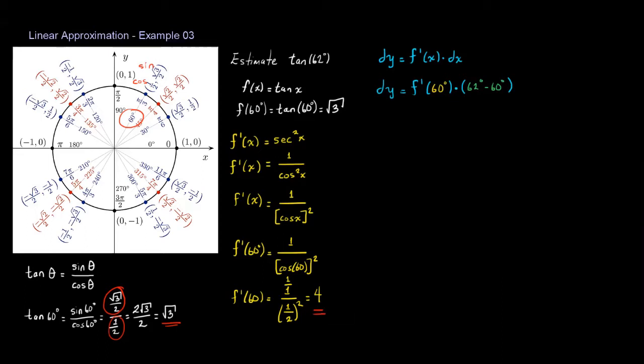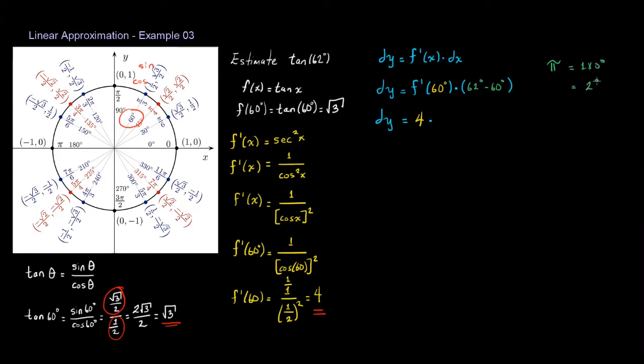So okay, let's get back to our formula. We got dy equal to f prime of 60 degrees, which is 4, multiplied by 62 degrees minus 60 degrees. Obviously it's 2 degrees, but what is 2 degrees in terms of radians? We know pi is equal to 180 degrees.